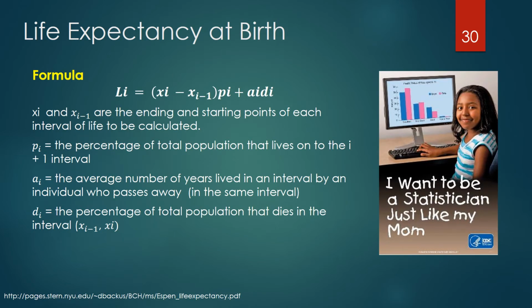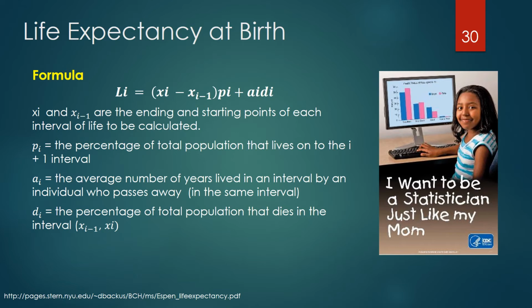Let's now briefly discuss the life expectancy at birth. Though the calculation of this indicator is beyond the scope of this session, the basic formula is listed here, where Li stands for life expectancy at birth, Xi and Xi minus 1 are the ending and starting points of each interval of life to be calculated.